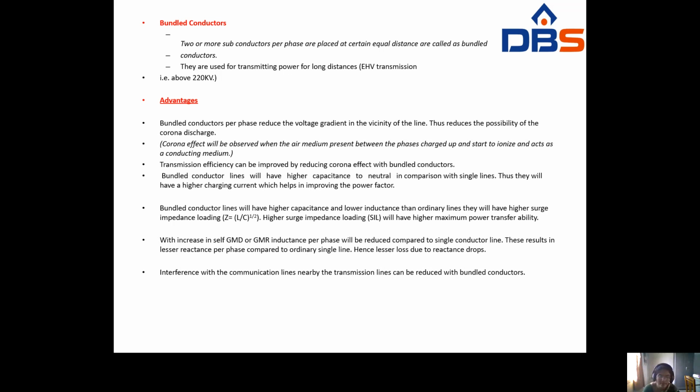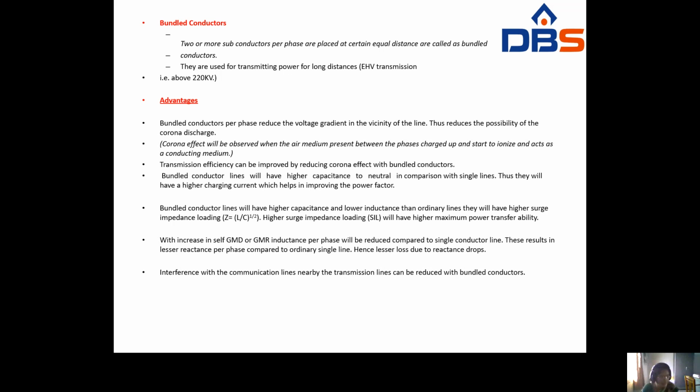Similarly, interference with the communication lines in transmission lines is also reduced with the bundle conductor. Okay, so these are the advantages of bundle conductors.